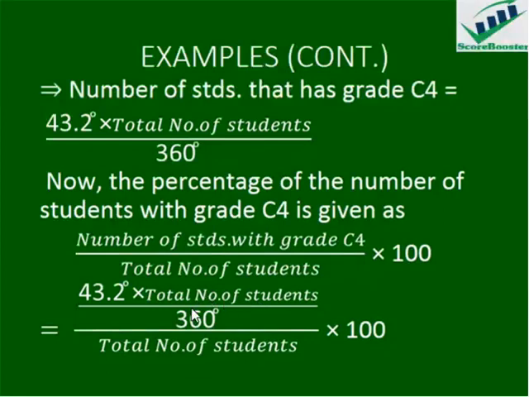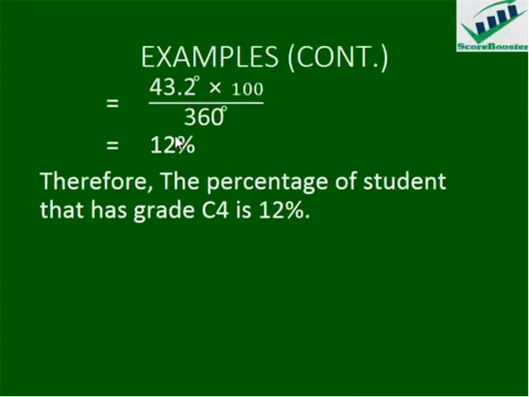So now if this is evaluated, we have 3.2 degrees times total number of students over 360 degrees divided by total number of students, and if it is changed to multiplication, we have 1 over total number of students. So total number of students will cancel total number of students. We will be left with 3.2 degrees multiplied by 100 over 360 degrees. If you evaluate this very well, you have 12%.